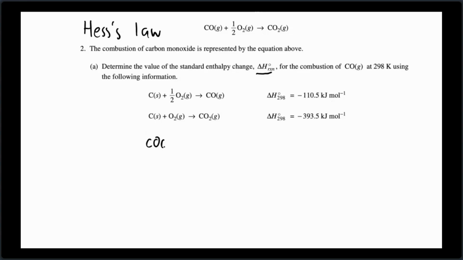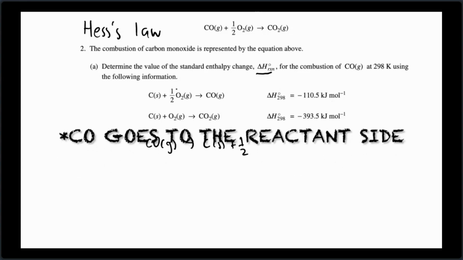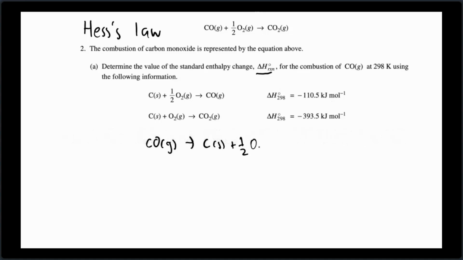We're making this inverse, moving the carbon monoxide to the product side and moving our previous reactants to the product side, which makes our standard enthalpy positive 110.5 kilojoules.